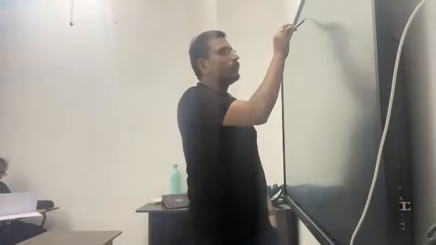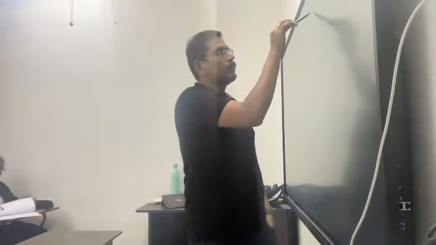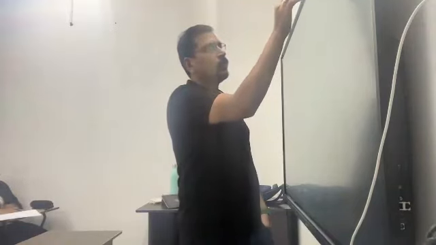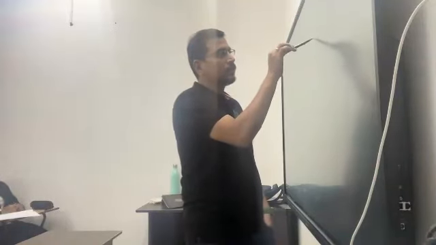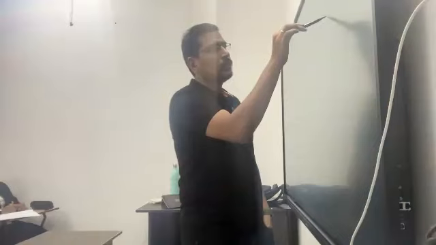Units and measurements, keep it aside. Then when we came to the concept of motion, we saw motion in one dimension and motion in two dimensions as well. So these are the two topics that we saw.